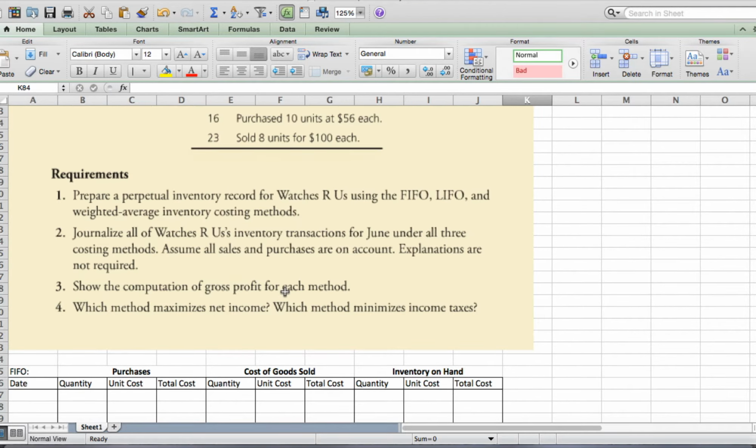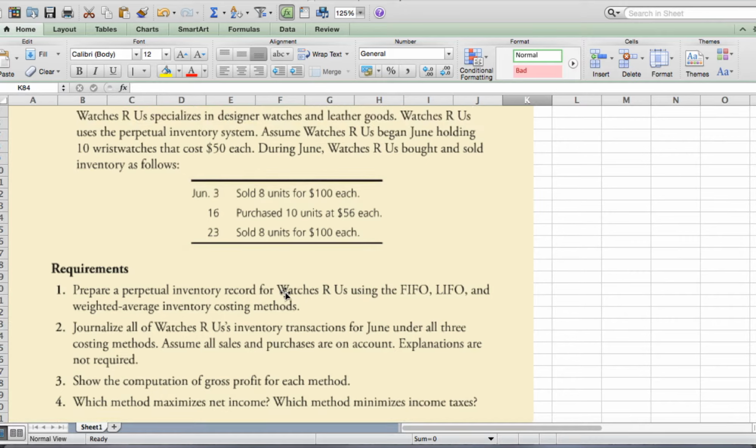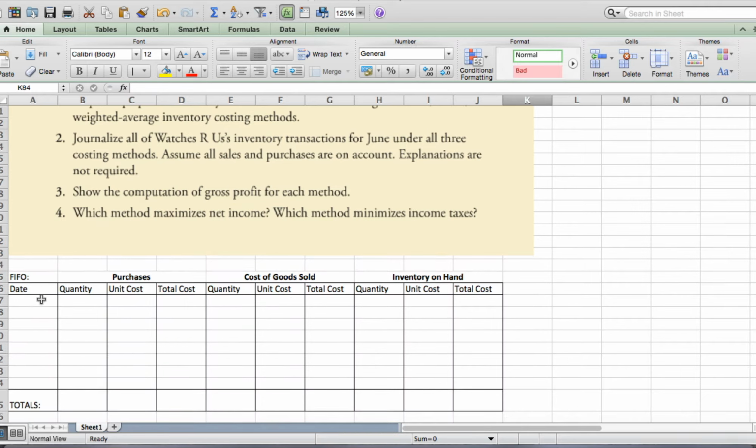So the first thing we need to do is this question tells us that our starting inventory is 10 watches at $50 each. So we're going to go down here and assume we're going to do FIFO first. But we're going to assume that June 1st, this is what we have in inventory. Okay, 10 watches, $50 each.